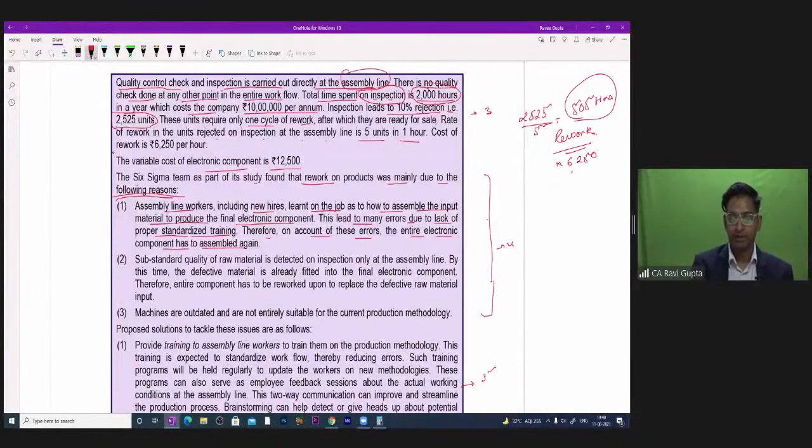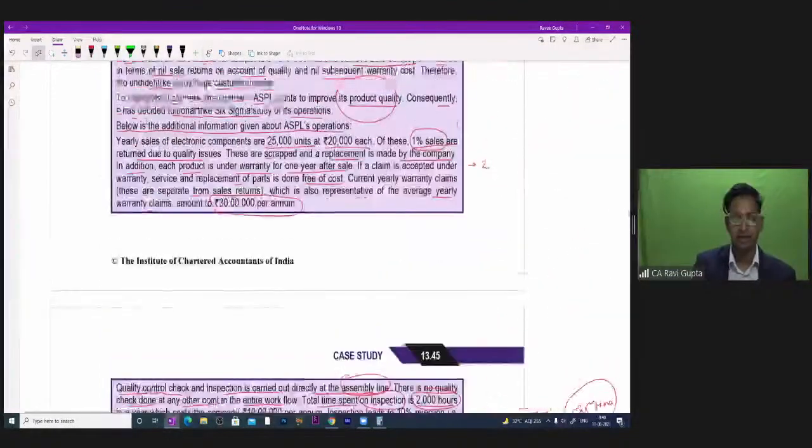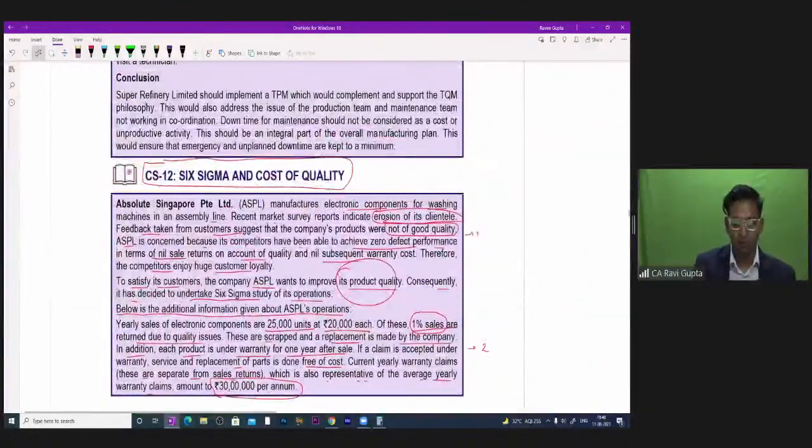So definitely we have to see what it is saying. Six Sigma is a part of a study because the company wants to undertake a Six Sigma study of its operation.